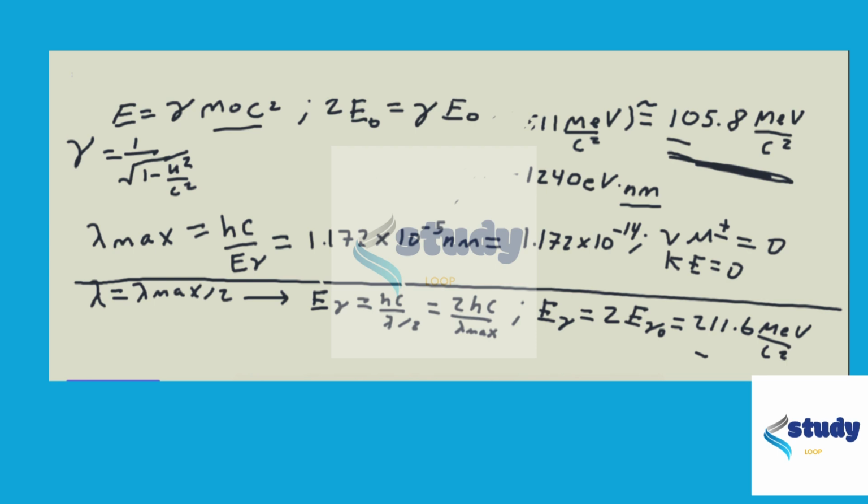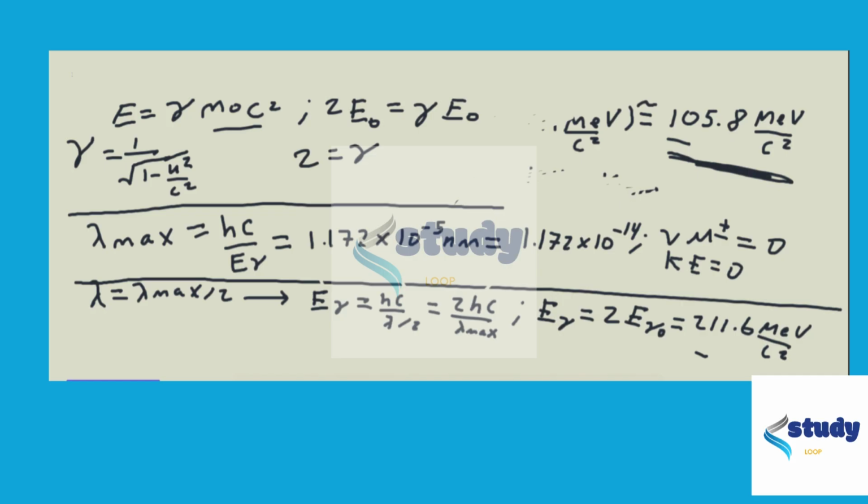So what we see here is that 2 equals gamma. So what we need to do is set 1 over the square root of 1 minus u squared over c squared equal to 2, and then solve that expression for u, and that will give us an idea of the velocity.